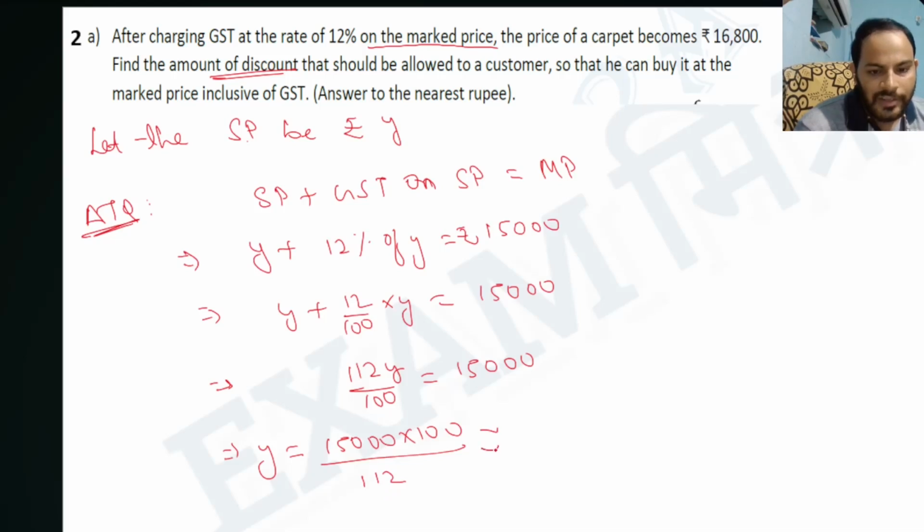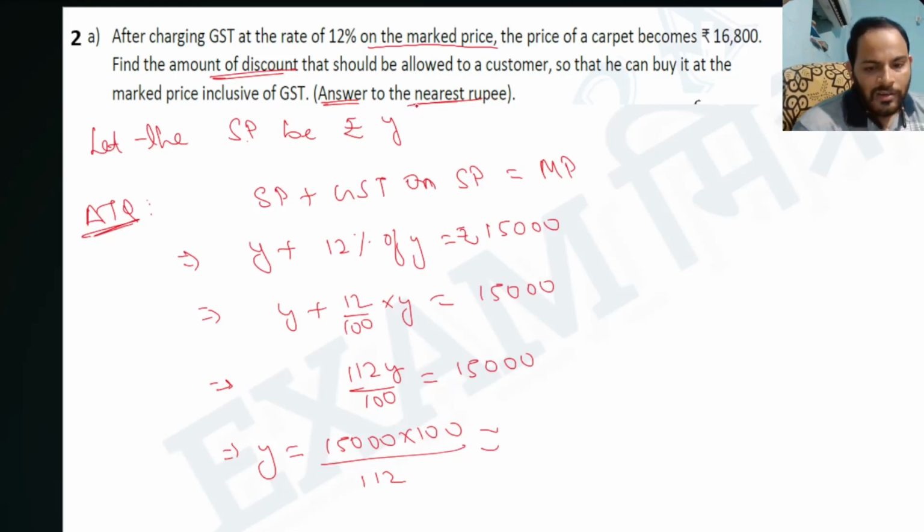Now if we simplify this, we may get a fractional or decimal value, because I don't think these two terms are divisible by 112. That's why the question says answer to the nearest rupee. That means we have to approximate the answer to the nearest rupee.